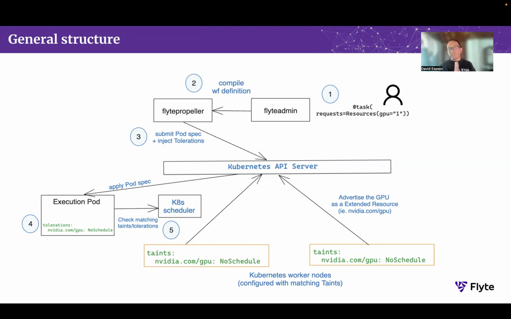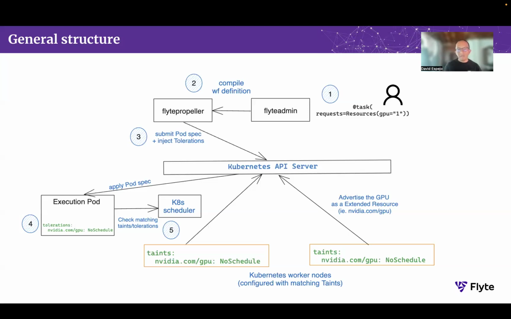So this is pretty much the case when organizations have GPUs on their environment. They will try to use at least this basic scheduling control mechanism to make sure that only workloads that truly need a GPU will run there. So by default, Flyte Propeller will inject a toleration to make sure that this is the case, and it will support your scheduling constraints.